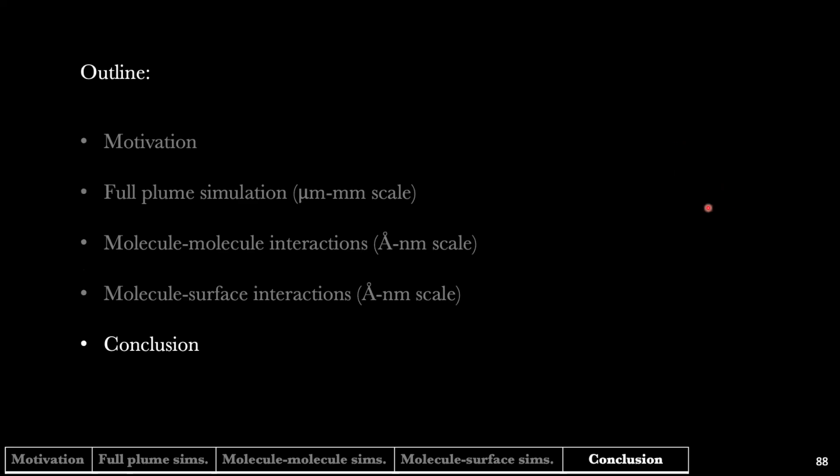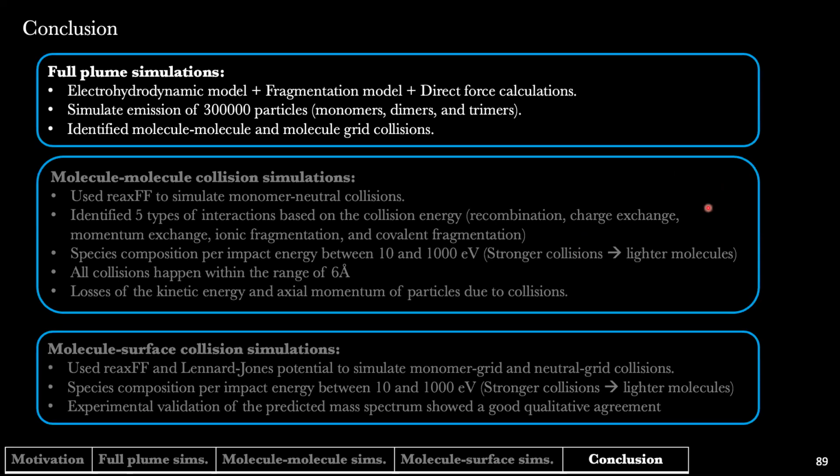And here's the conclusion. So this presentation was divided into three parts. In the first part, I talked about the full plume simulation, in which we used an electrohydrodynamic model plus a fragmentation model plus a direct force algorithm to simulate the emission of 300,000 particles composed of monomers, dimers, and trimers.